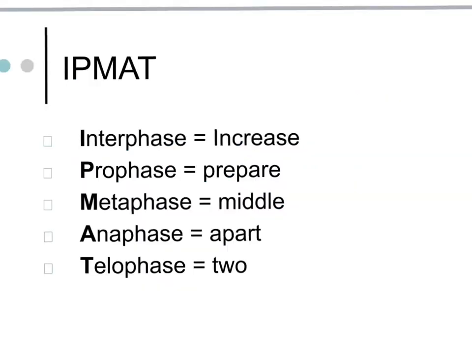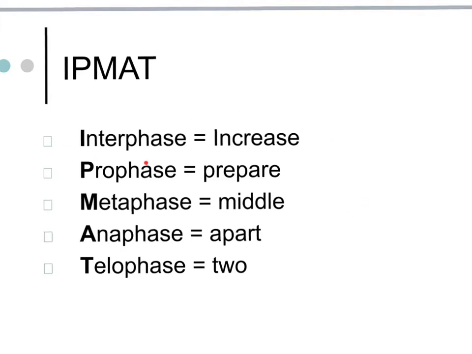In our last lesson, I mentioned IPMAT, where I stands for interphase, P is prophase, M is metaphase, A is anaphase, T is telophase. And so PMAT is the process of mitosis, where the cell nucleus is dividing.